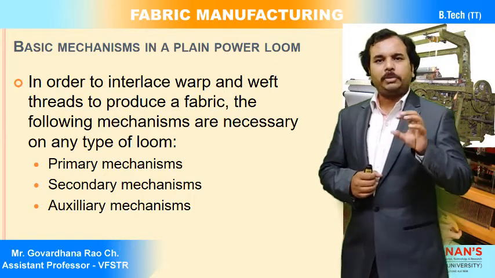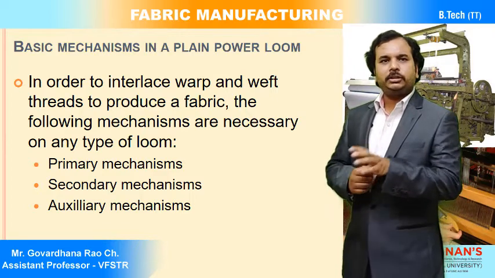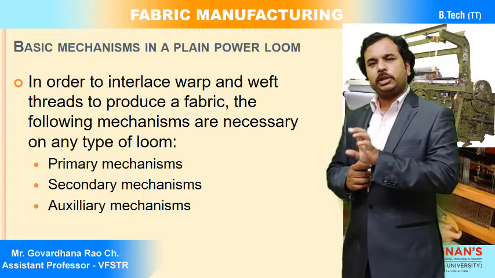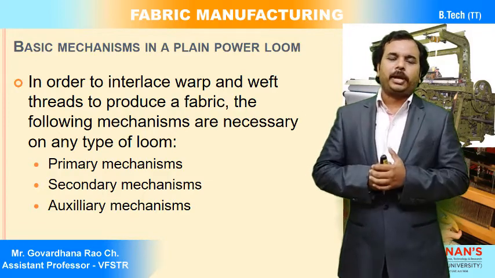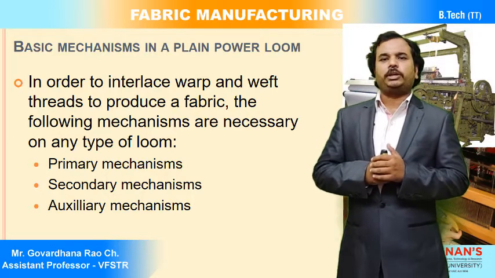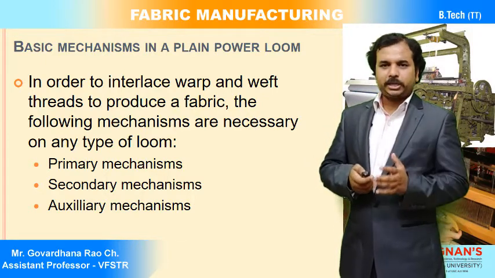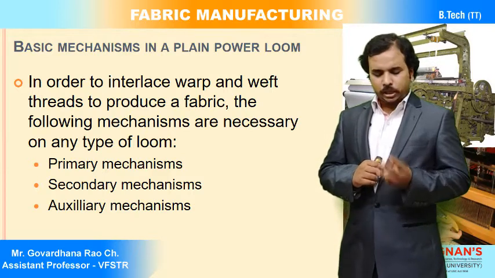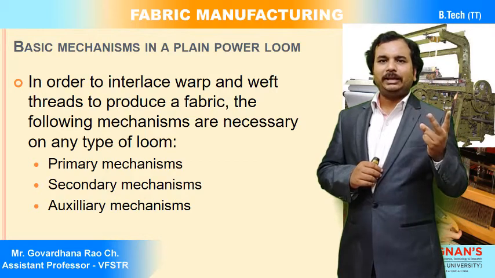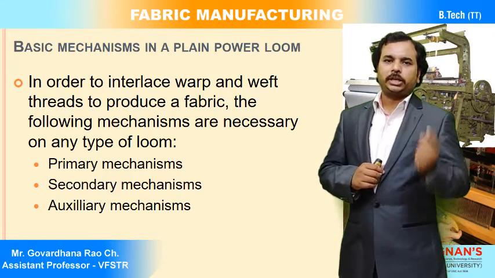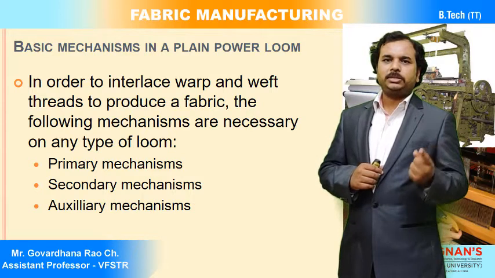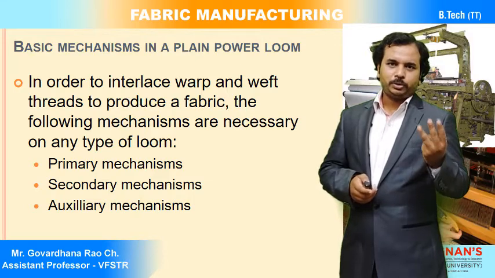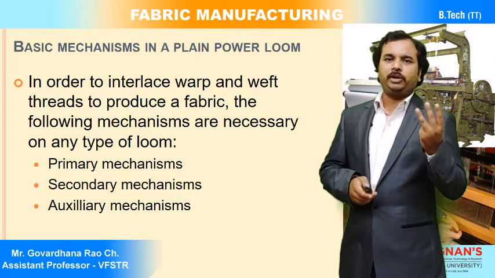Each category again has a classification, and many mechanisms are involved in each. So once again I am repeating: primary mechanisms, secondary mechanisms and auxiliary mechanisms. These three mechanisms are very important.